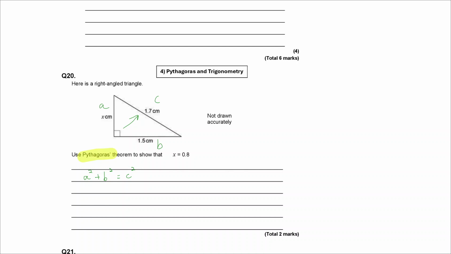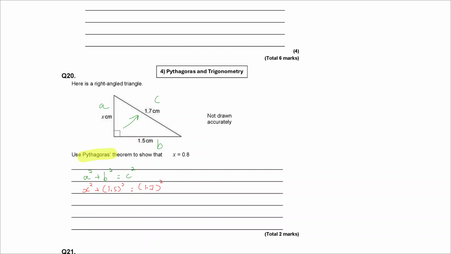The order is irrelevant. So I've got A squared, where A is x, so kind of substitution now, I've got x squared plus b squared, where b is 1.5, so plus 1.5 squared, is equal to c squared, where c is 1.7 squared.